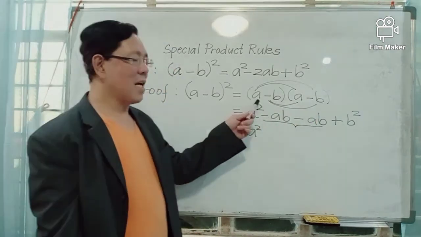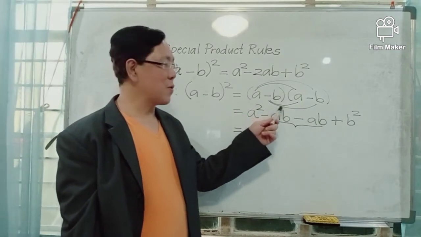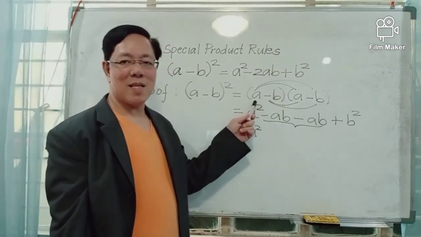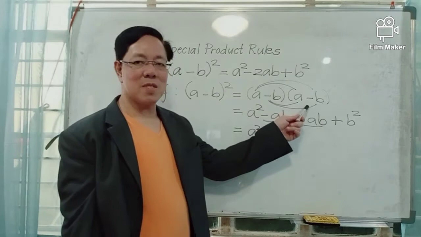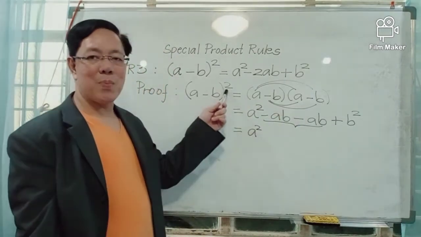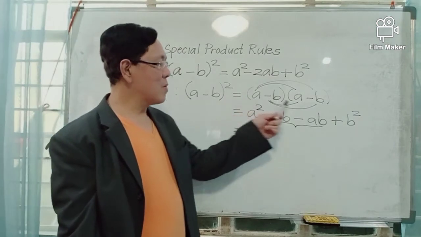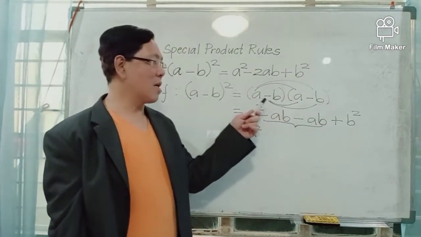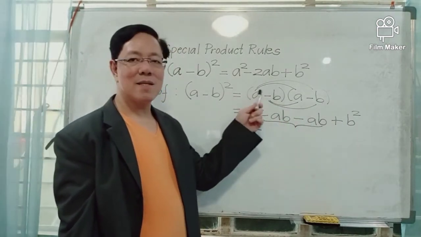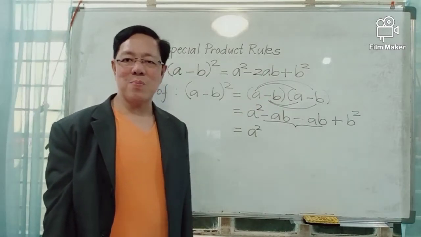We multiply A minus B by itself 2 times, or we rewrite A minus B 2 times because the exponent of the base A minus B is 2. And to remove the grouping symbols, we apply the distributive property and the property of exponent.